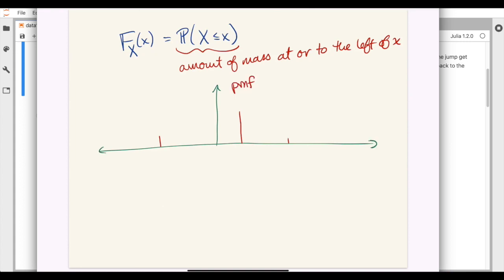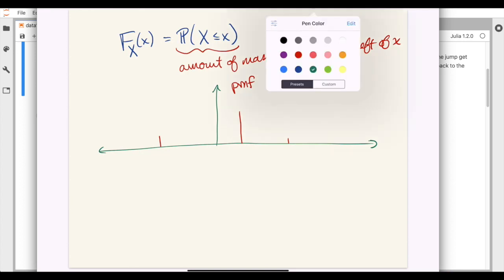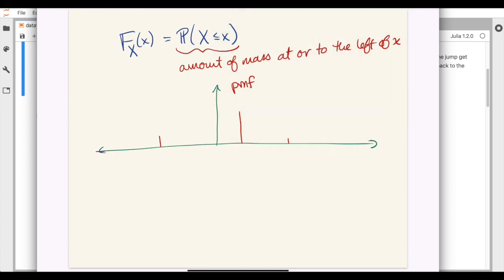For example, if this is the probability mass function of a given distribution, so it puts a little mass here, more mass here, and more mass here. So such a random variable would be always equal to one of these three values, and most frequently the one in the middle. Then the cumulative distribution function, you want to think of it as starting from the left, where you've accumulated no mass so far. And then when you hit this value, you will have accumulated an amount of mass equal to the height of that bar.